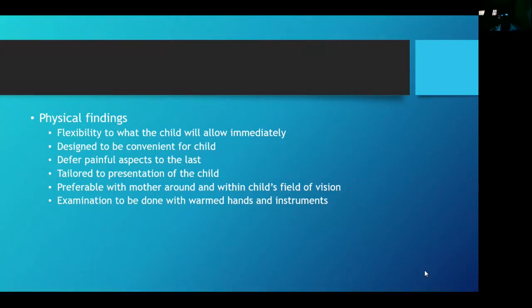In fact, better still, the child could be seated on the mother's lap. That way, the child is in a comfort zone, and then you examine, usually with warmed hands and instruments, so that your hands or your stethoscope do not become uncomfortable for the child.